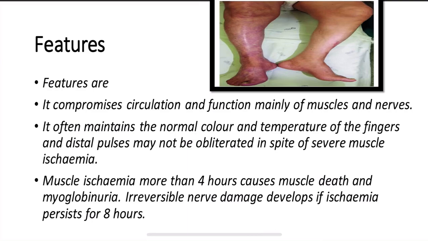So you can see the fingers and the pulse is not obliterated, and the color and temperature of the fingers are going to be normal in spite of the severe muscle ischemia, because the fingers are the most distal part.